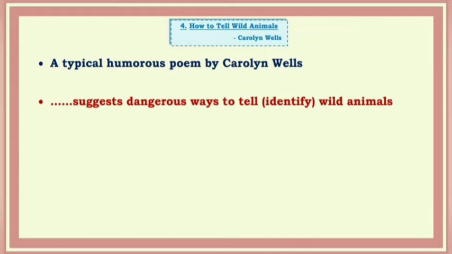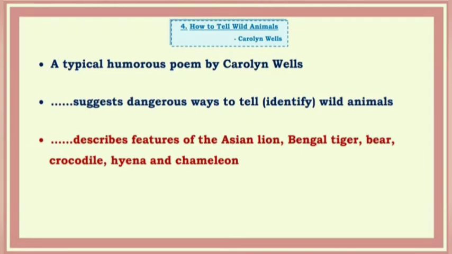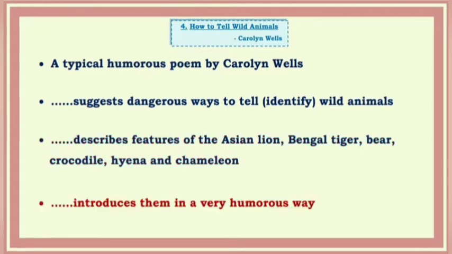The poem describes the features of some wild animals such as Asian lion, Bengal tiger, bear, crocodile, hyena, and chameleon. And thus, the poem introduces them to the reader in a very humorous way.